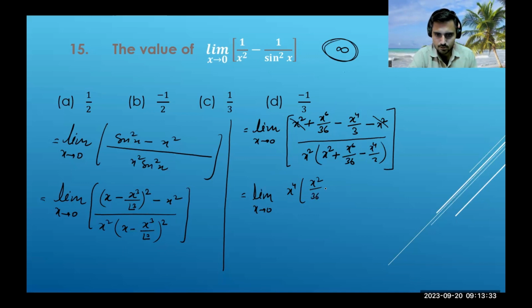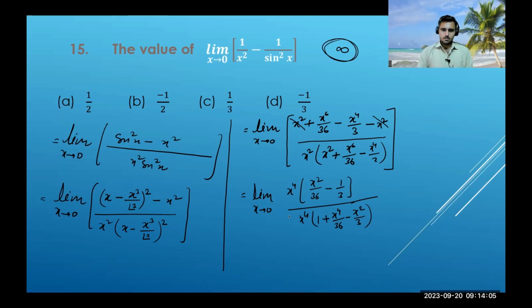X square upon 36, and here 1 upon 3, then x square, and again we'll take x square common from here, so it will become x raised to the power 4 and 1 plus x raised to the power 4 upon 36 minus x square upon 3. Right? So x raised to the power 4 and x raised to the power 4 get cancelled.